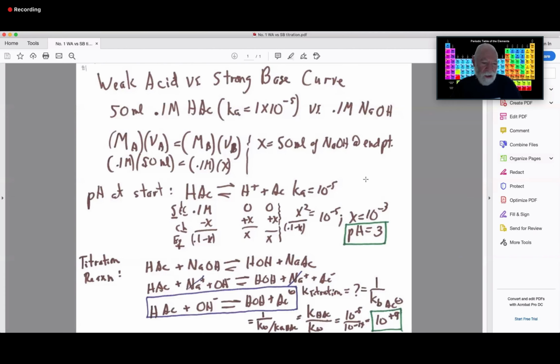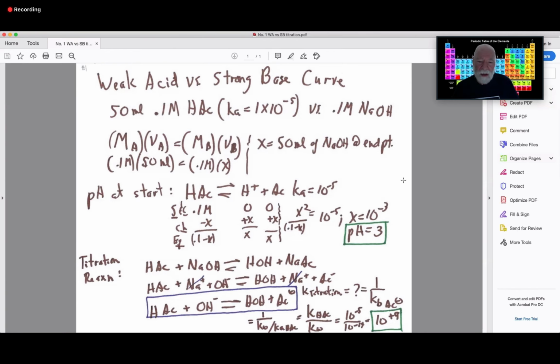Now the change step is you're going to lose some of the molecules of acid, get some hydrogen and acetate. So at equilibrium, you've got 0.1 minus x, and x and x. Okay, so plugging into the Ka, if you solve for x, you'll get the concentration of the hydrogen ions. Okay, I think my math is correct. It'll be 10 to the minus 3, and therefore the starting pH will be 3. Okay, so that's pretty straightforward.